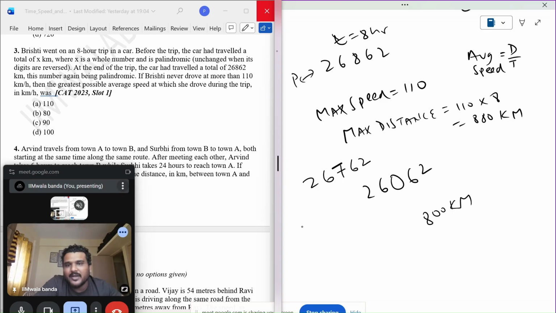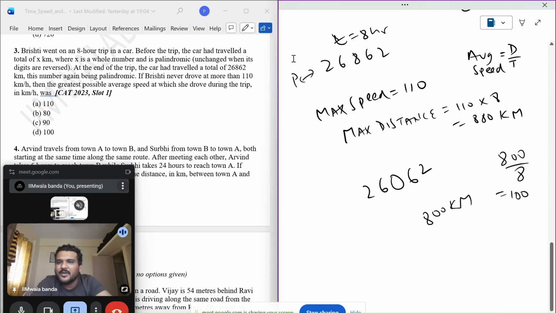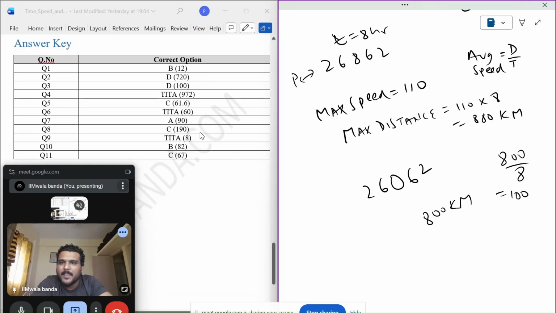It could be that it covered 100 kilometers only, but it's saying the greatest average speed. So the greatest average speed will be when it has covered the greatest distance at the greatest speed. So this answer should be correct. 26862 minus 800 kilometers. So let's say it has covered 800 kilometers in 8 hours. So can I say 100 is the greatest average speed for question number 3?